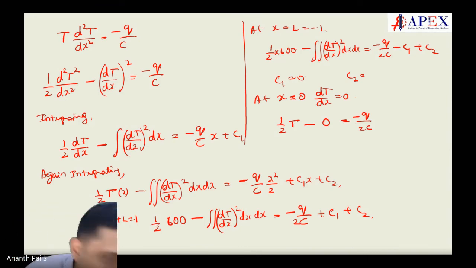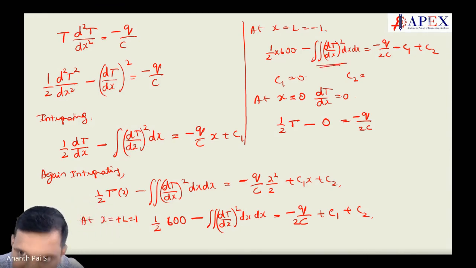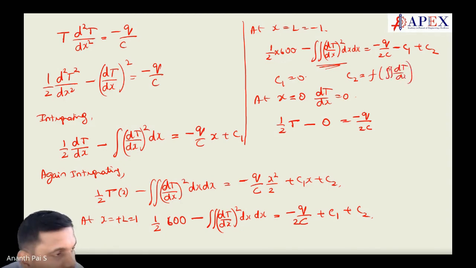You can solve it. C2 you will get in terms of some function of integration of dT by dx. Make sense? And then you get the c1 and c2, and there dT by dx is equal to 0. You get the T here.